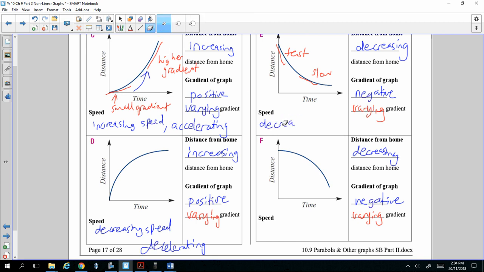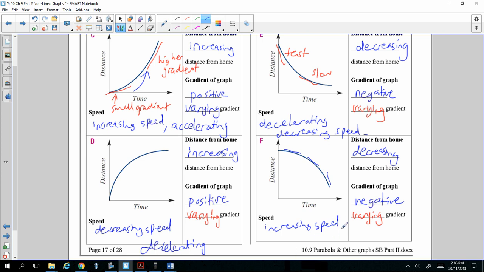Decreasing speed. And this one's getting faster and faster, right? So we say it's increasing speed, which means that it is accelerating. Cool. I did them all.